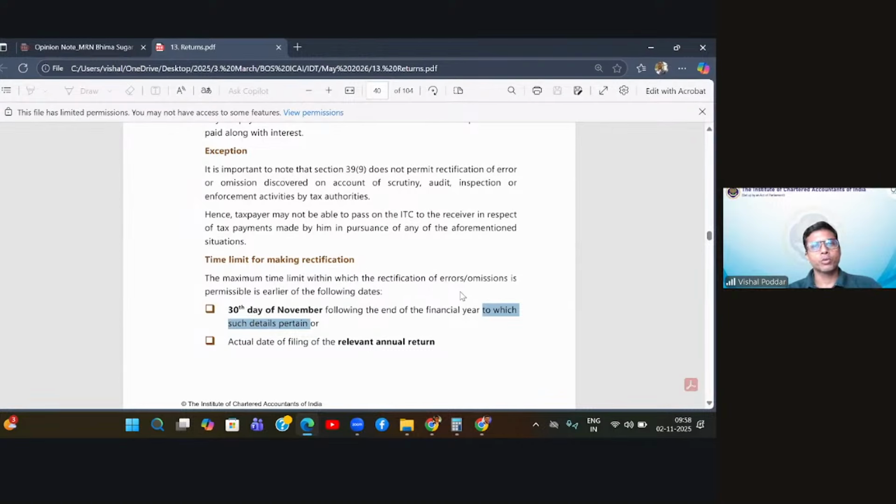Correct? So what I wanted to bring out from this example, students, is that you are in a phase where GST has just been revised and the income tax new law is taking shape. You have the best opportunity to cement yourself as a good tax practitioner.